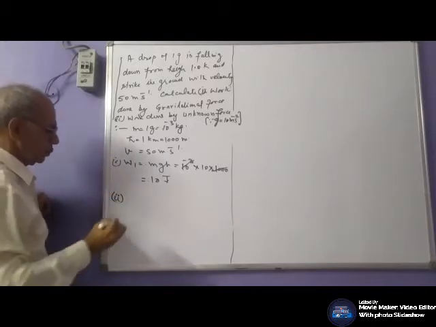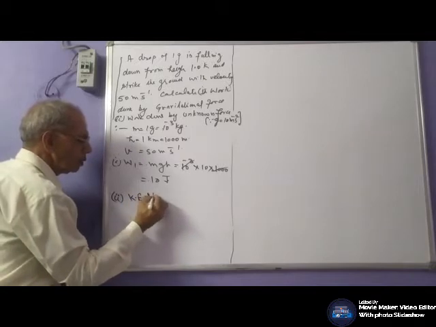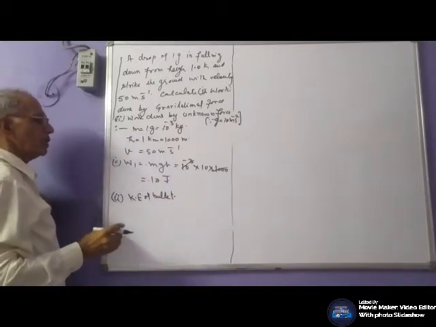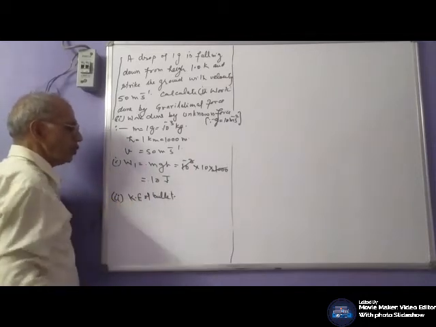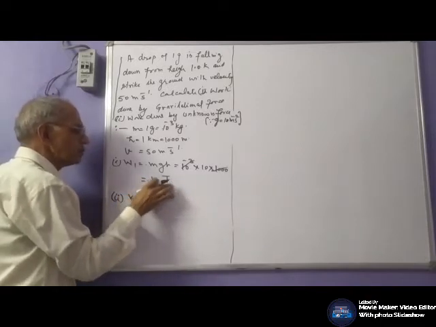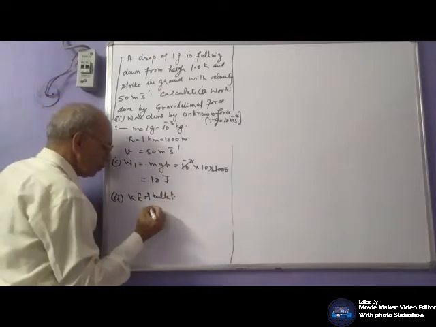Second, kinetic energy of the bullet. If there is no resistive force, then kinetic energy should be this much. Check kinetic energy of the bullet.